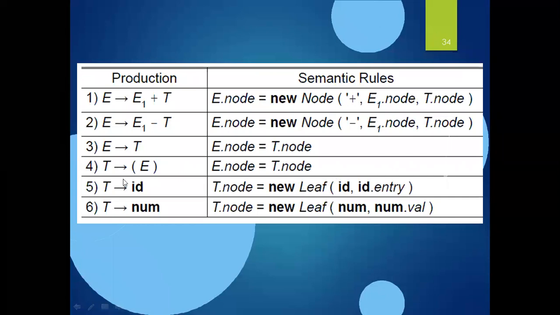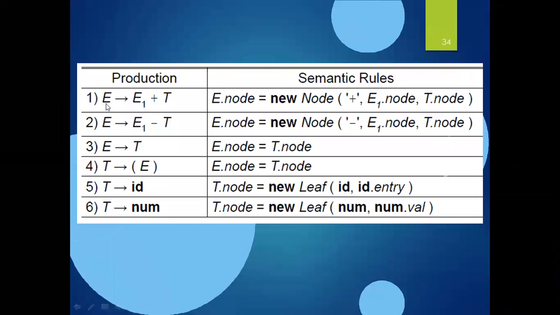Is it clear? For example, you have another rule like T tends to num. Again, num is a number constant. For that type of rule, this is also a leaf because num is also a terminal here. It does not come under the non-terminal; directly we write the number itself. So again, make leaf of.